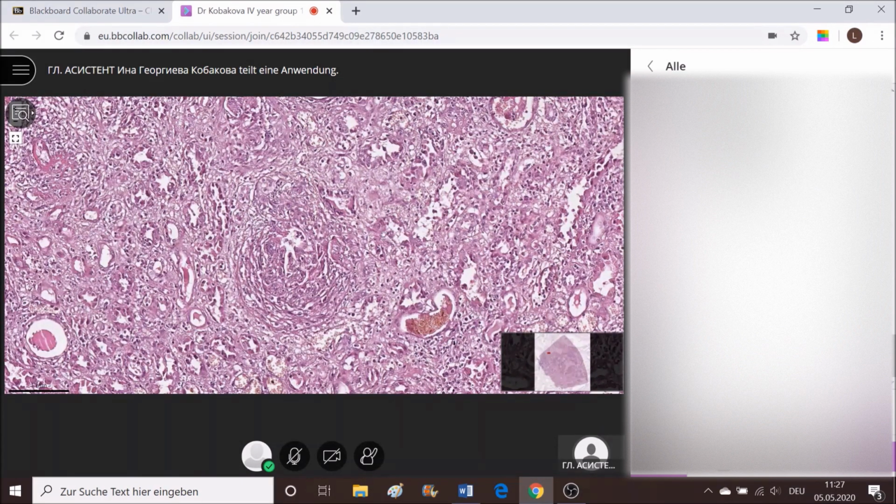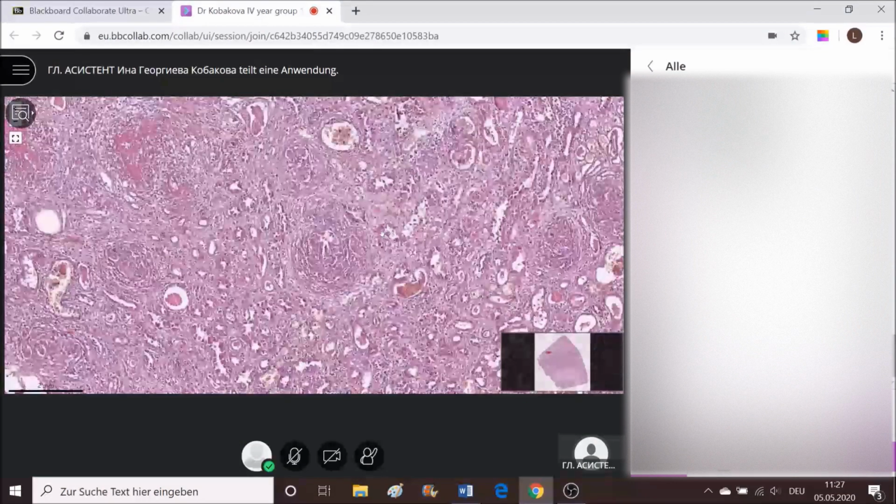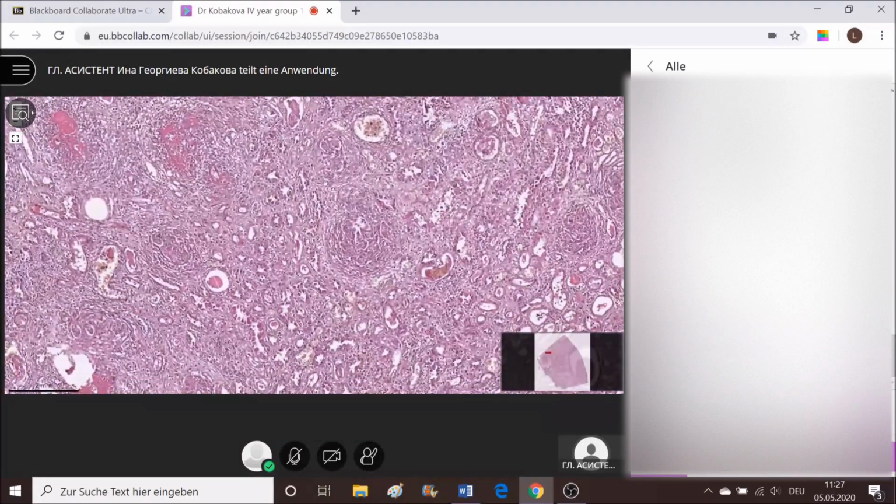It is taking the structure of a crescent, as if it's looking, again, I will repeat, as a horseshoe, if you will. It's looking as if the crescent of a moon, if you will. So that is why we call this type of glomerulonephritis crescent glomerulonephritis. The structure appears this way, as if half a circle formed.